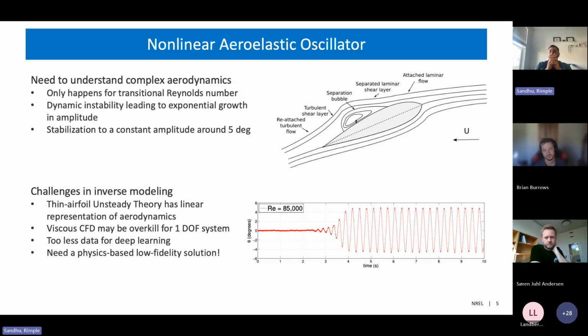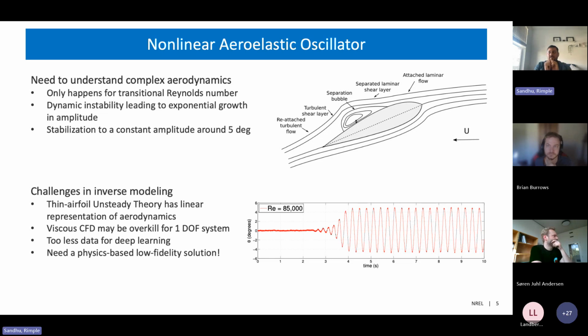We need to understand this complex aerodynamics. This only happens for transitional Reynolds numbers. There is some dynamic instability leading to exponential growth in amplitude, as you see in this time history, and then there is a stabilization to a constant amplitude around 5 degrees. So there is some flow separation phenomenon going on on the airfoil surface.